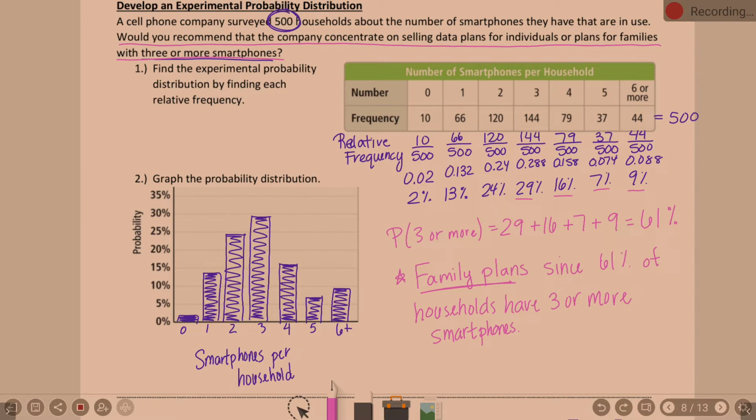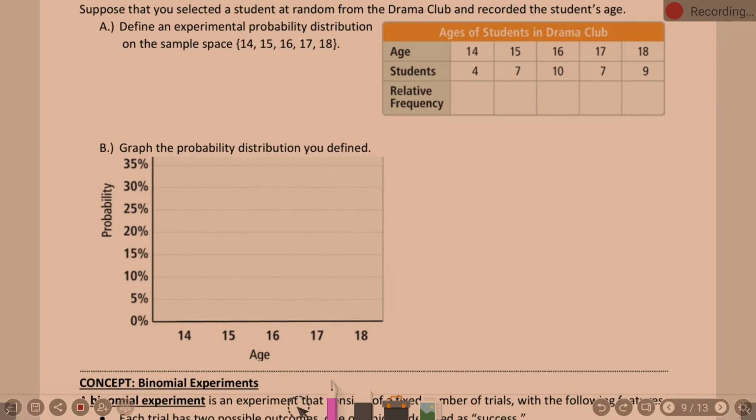And it says that suppose you select a student at random from the drama club and record the student's age. Define an experimental probability distribution on the sample space, 14, 15, 16, 17, 18, and then also we will graph it.